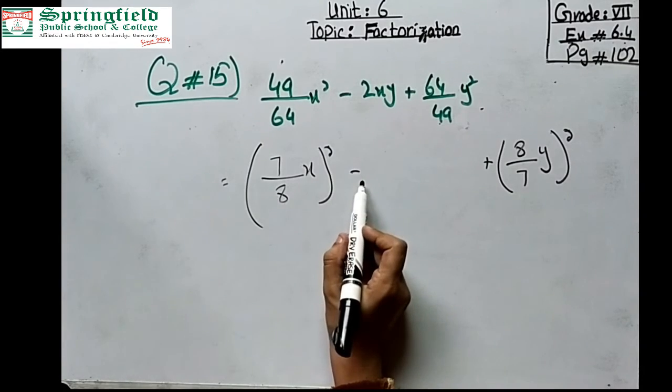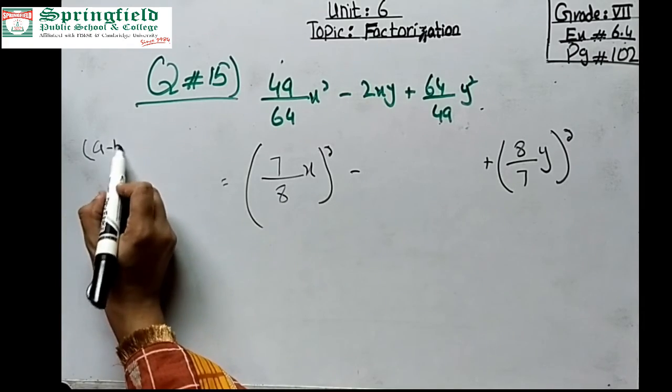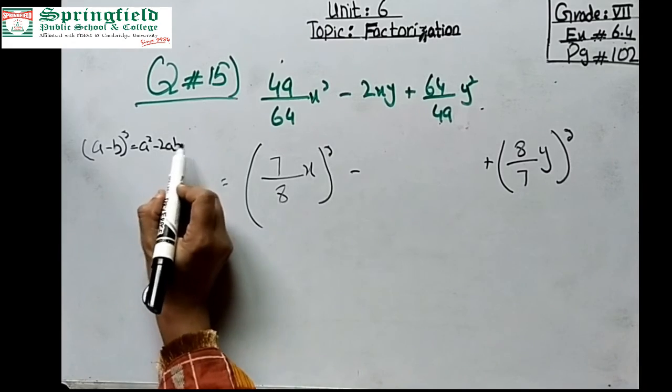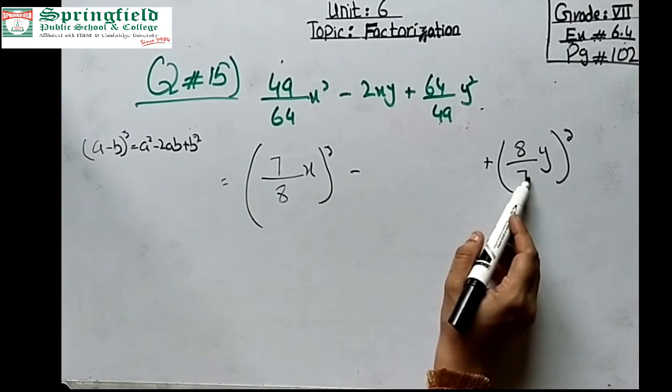And now find out the middle term. So we know that a minus b whole square is equal to a square minus 2ab plus b square. This is the second formula. So a square, and the last term is b square.